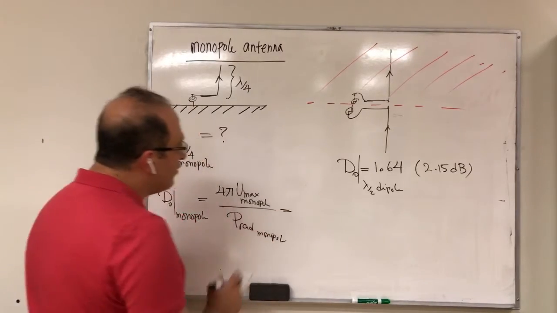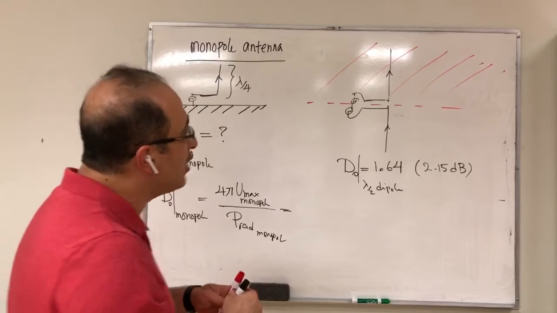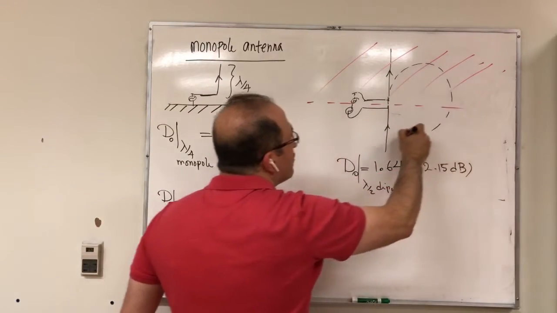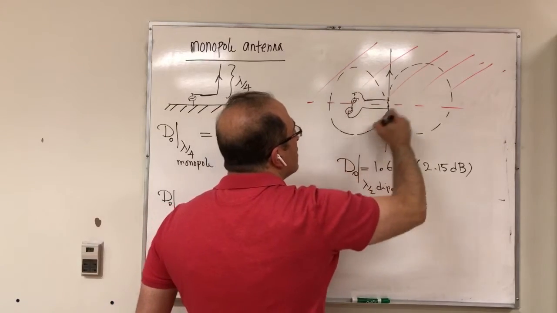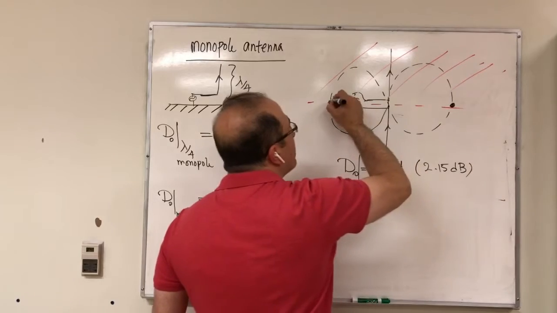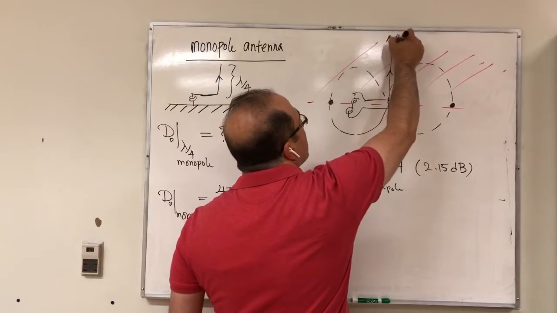Now, what is U max of monopole? Let's first look at U max of the dipole. This is the radiation pattern of the dipole, of course. What is the maximum of U? It happens here or here, at theta equal 90, assuming that this is your Z axis.